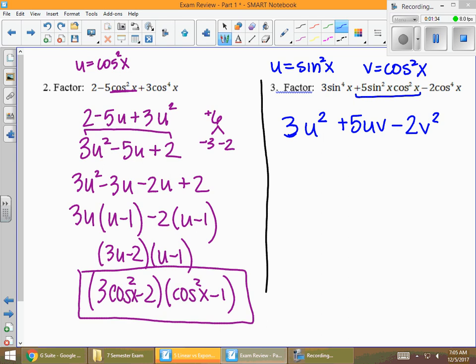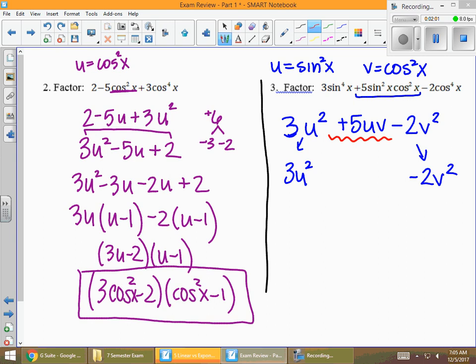Remember, split the middle is perfect for this situation. We're going to keep our first two terms the same, 3u squared, and our back term is negative 2v squared. We turn it into a grouping problem, and grouping problems are awfully nice when you're working with this multiple variable situation.